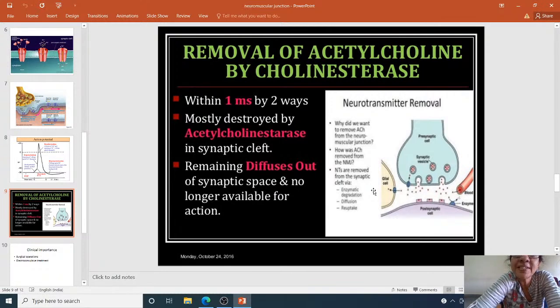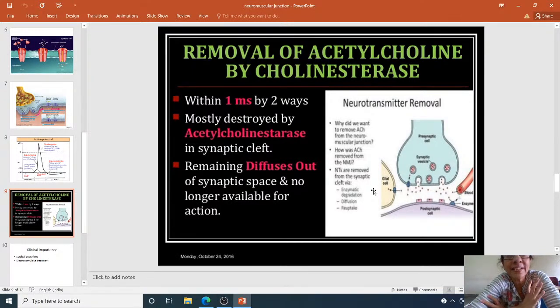So a little bit of acetylcholine, whatever is remaining, also diffuses out of the synaptic space and is no longer available for action. Most of it is destroyed by acetylcholinesterase, but whatever is remaining also diffuses out of the synaptic space.